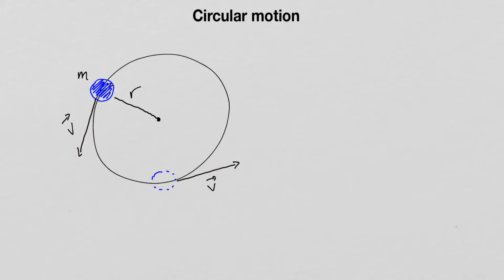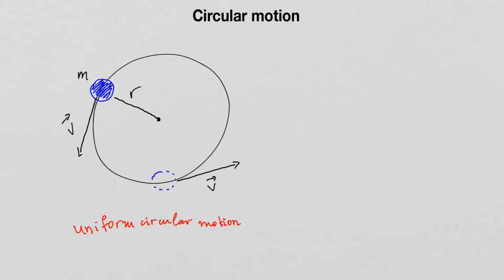And so no matter where the object is around the trajectory, the velocity magnitude will be the same. And so this is known as uniform circular motion. In uniform circular motion, the magnitude of the linear velocity of motion of the object is constant.